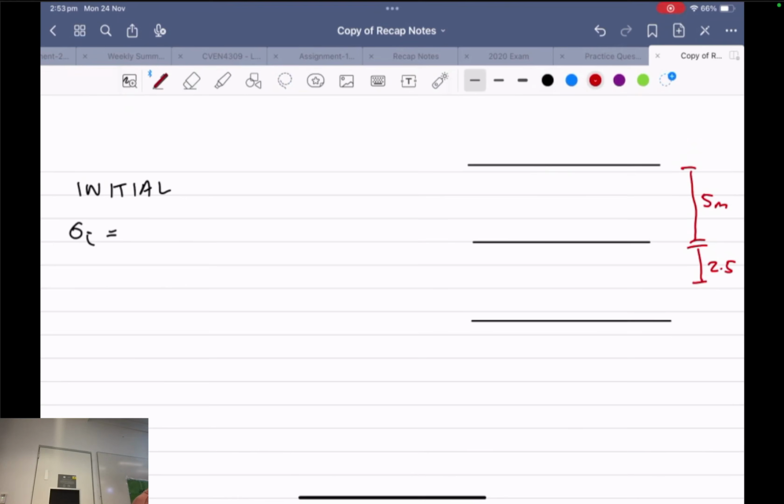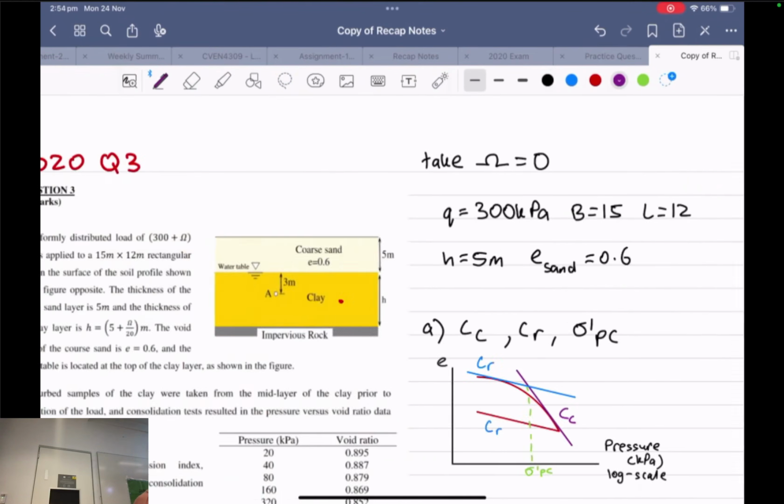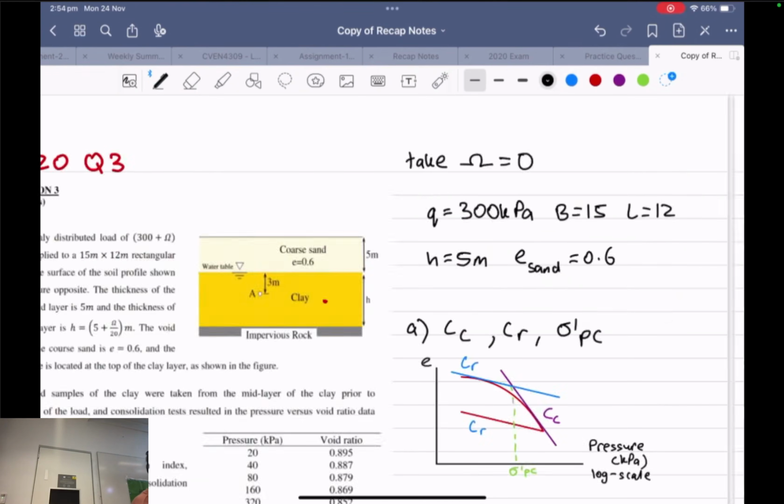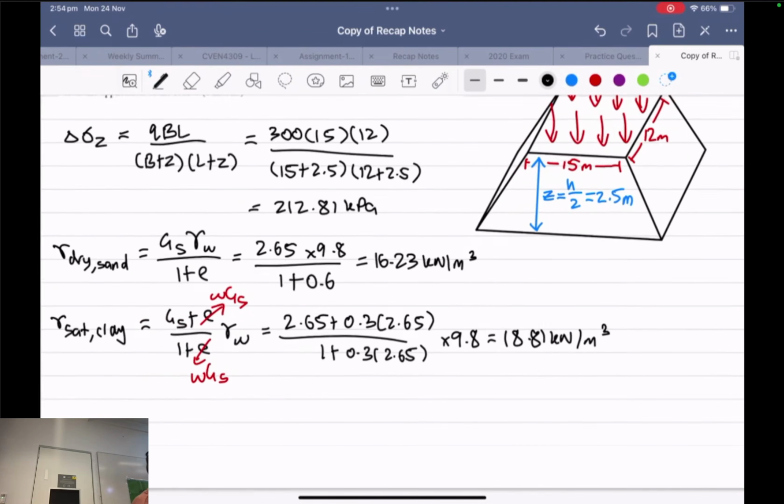And we're looking at this point here. This is sand. It's just flat. Alright, and the water table is at the fill line. So we know gamma dry is 16.23. We just calculated that. And gamma sat is 18.81.